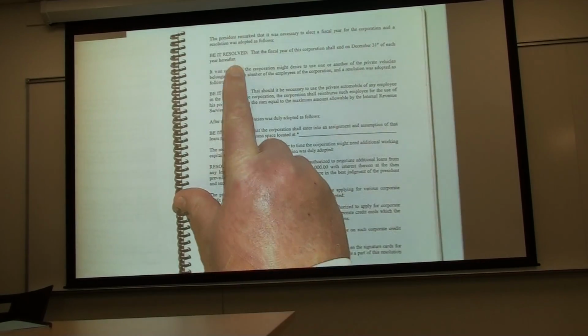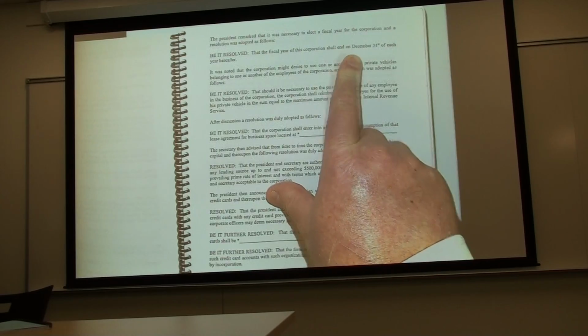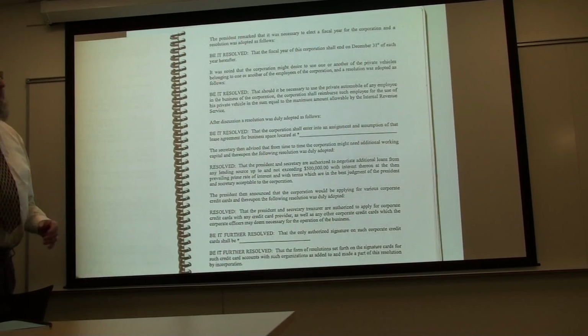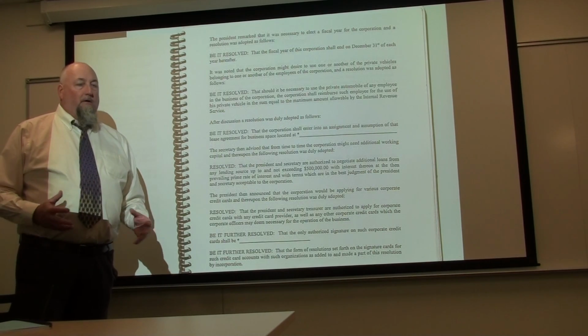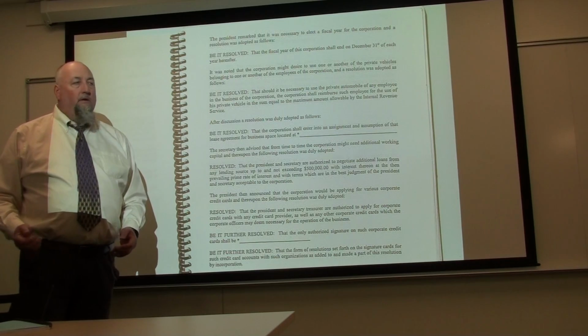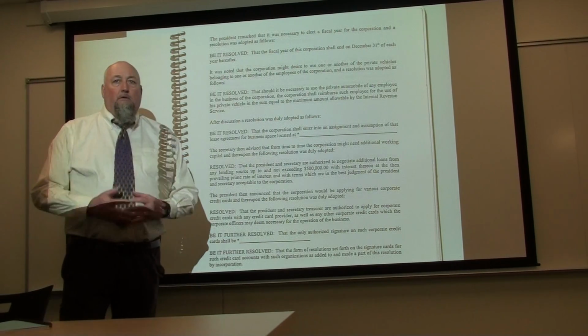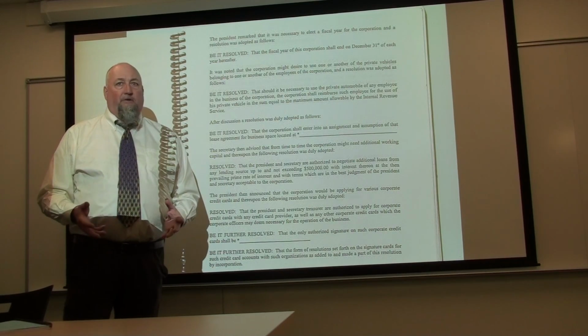In this case, we're going to have a fiscal year which will match the calendar year. A fiscal year is your accounting year. Typically in an S corporation, your fiscal year will be the calendar year, January 1 through December 31. But it's often common to have a different fiscal year, especially in farming or other seasonal type businesses.